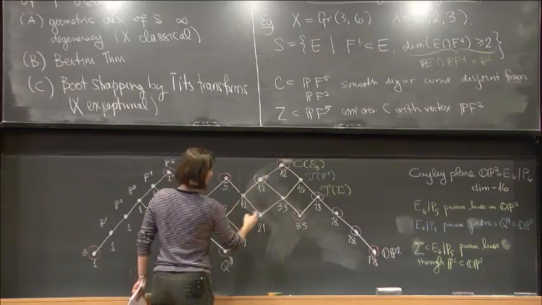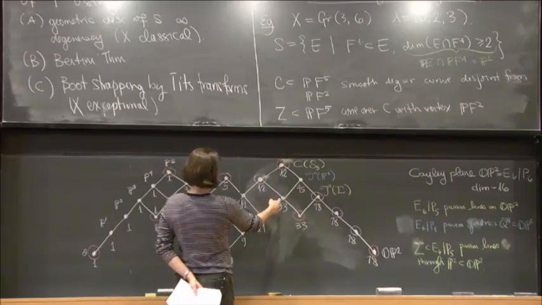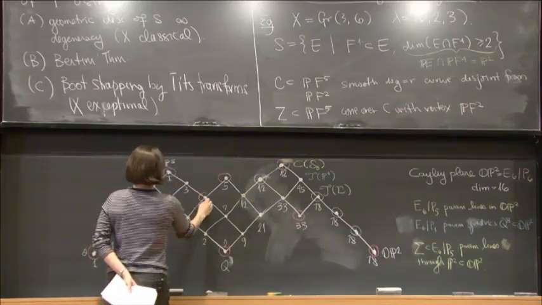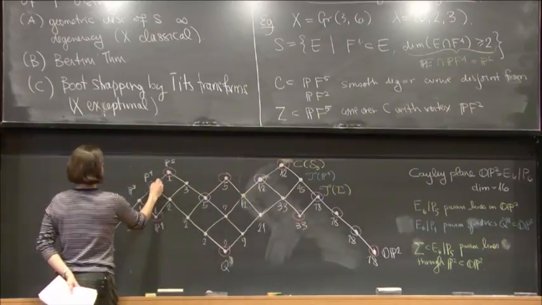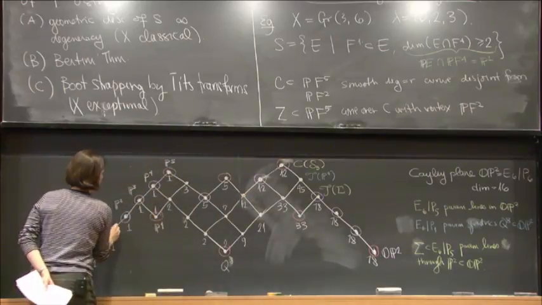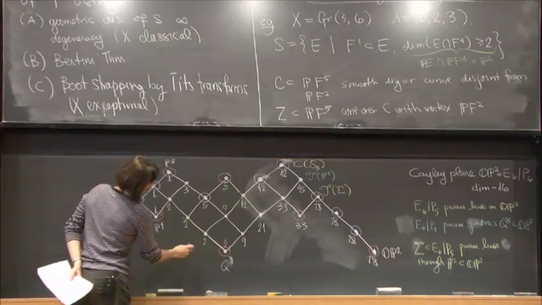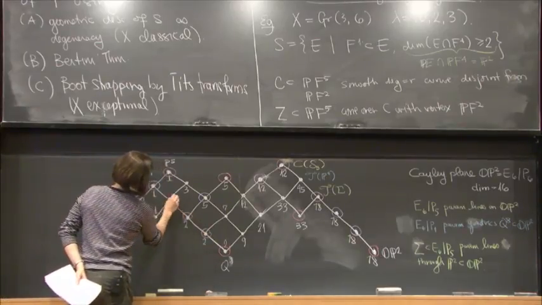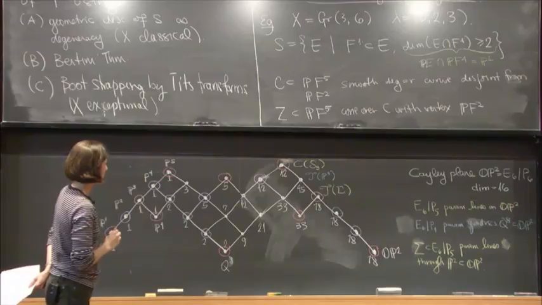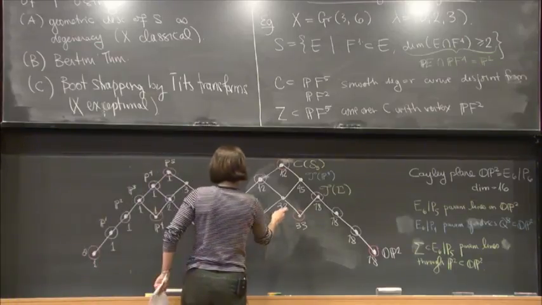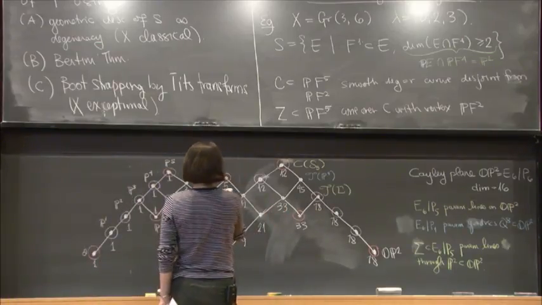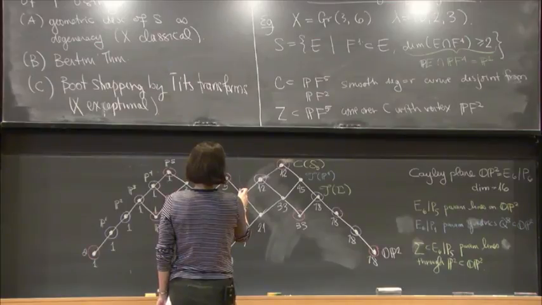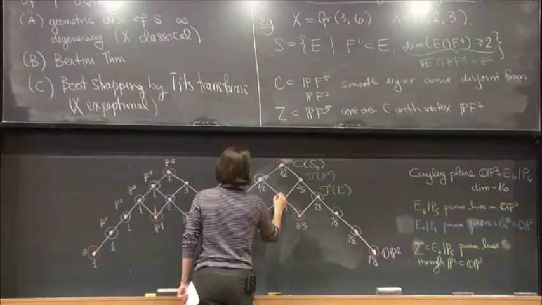This guy's flexible by Bertini. Let's see, I think I'm missing some and I'll have to check in a moment. But these, of course, are all flexible by Bertini. These are flexible. This one.